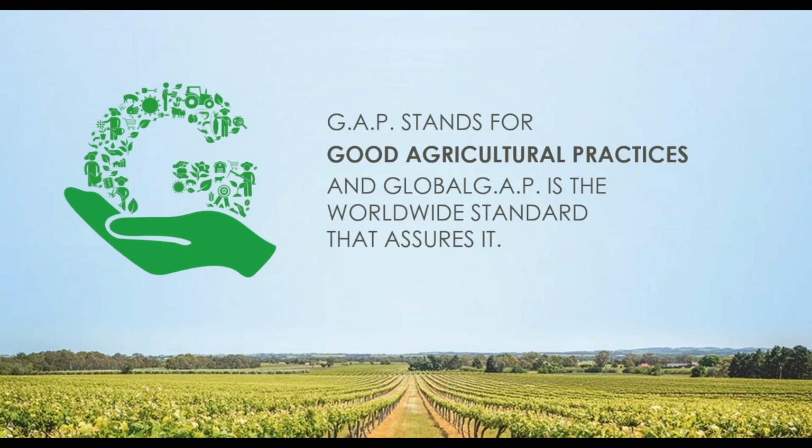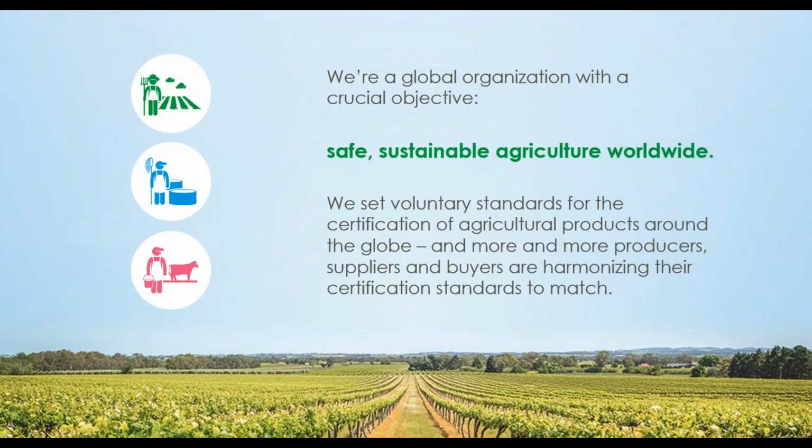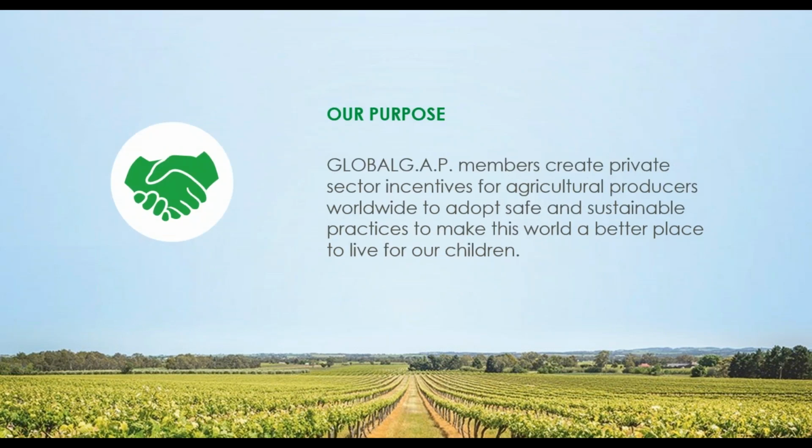GLOBAL.G.A.P itself sets worldwide standards for assuring good agricultural practices. So our objective is really safe, sustainable agriculture worldwide. We set voluntary standards for certification, and we also do work to harmonize and benchmark with other certification standards to streamline certification globally.